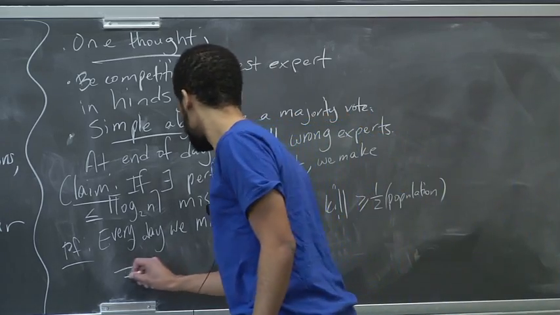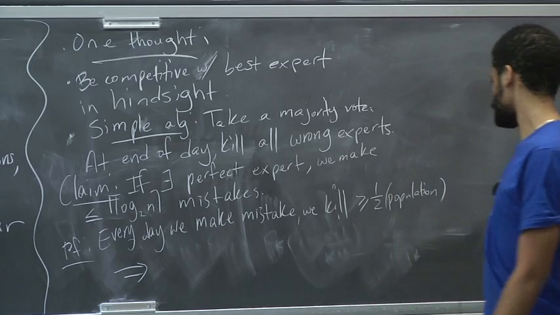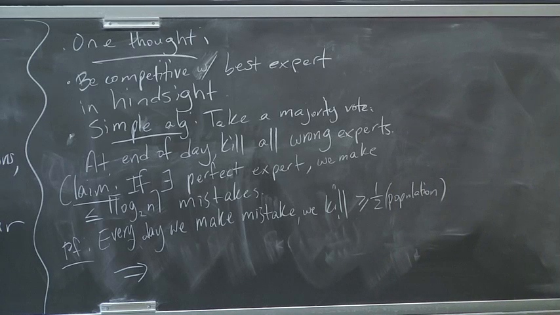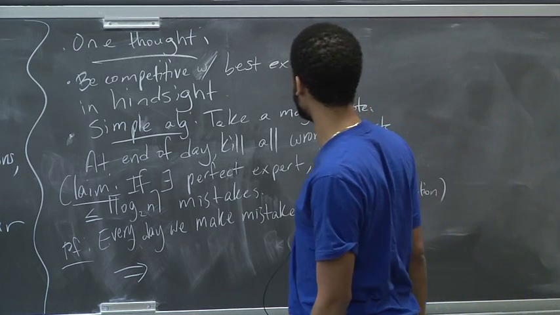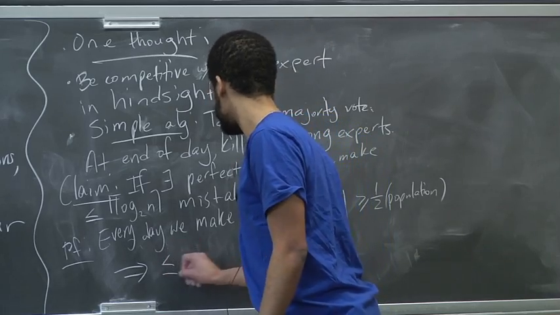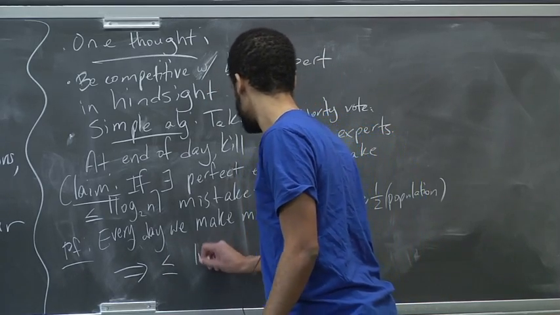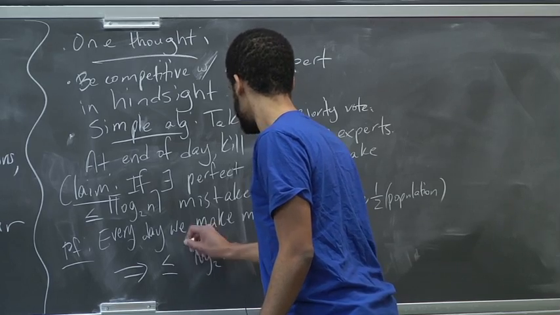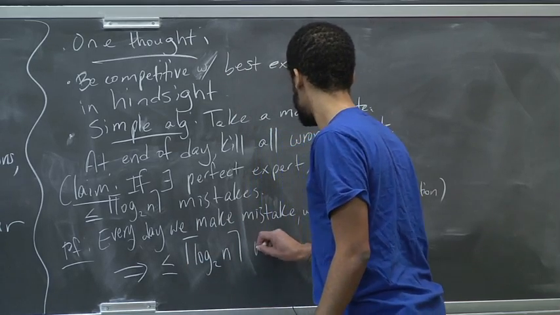And we always have one person alive, namely the perfect expert. So the number of killings we can do is at most log n wrong days.